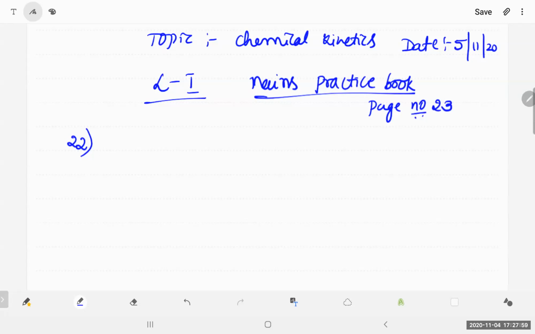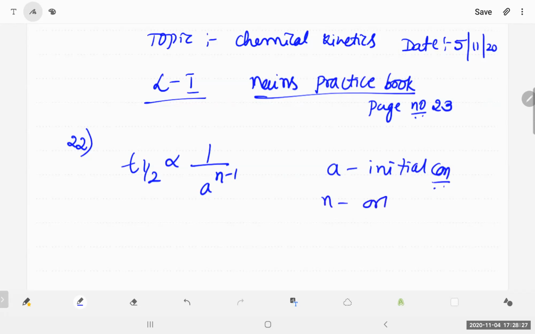The product of half-life T half and the square of initial concentration of the reactant A is constant. Then the order of the reaction is? You know that T half is inversely proportional to A to the power of n minus 1. Here A is the initial concentration and n is the order of the reaction.